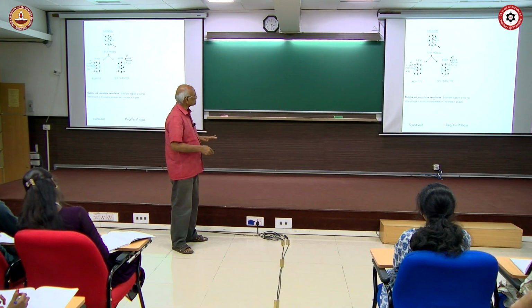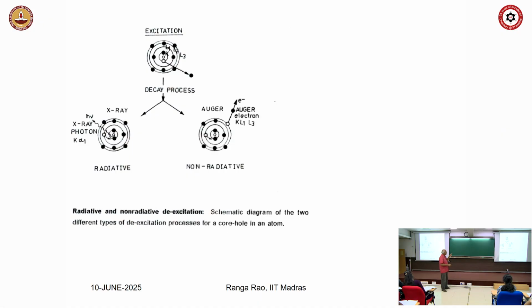Now this is very important. This Auger process is also a very important process. For example, you have an element where you remove an electron from the core level. This is the ionization process, photoionization.